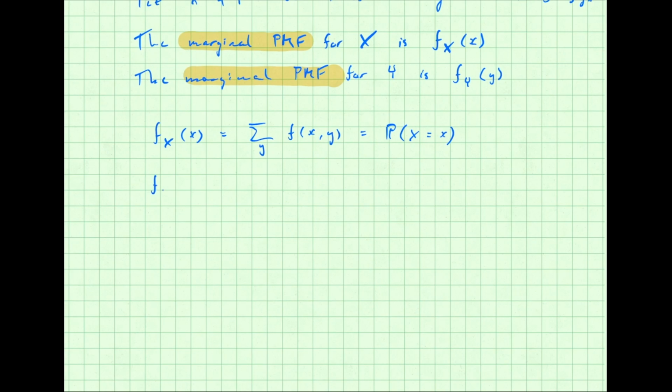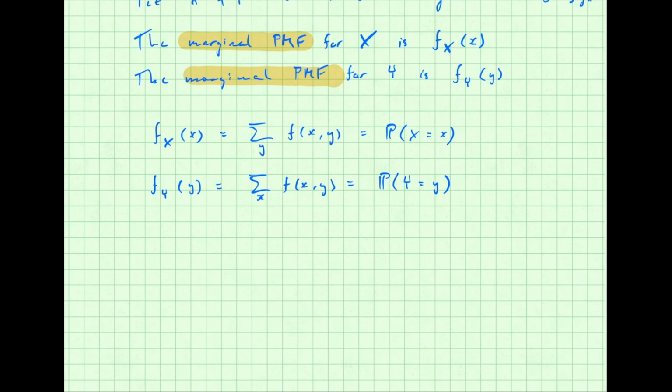And then this one, the marginal PMF for y, is what you get when you sum over all the x values. And that's just the probability that Y takes on value little y.